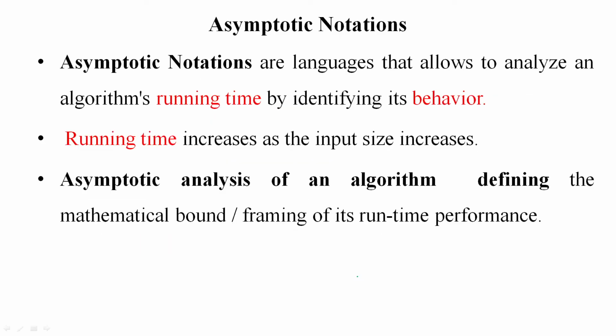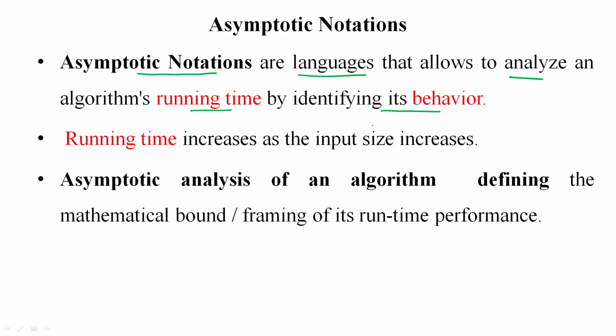Now we have so many asymptotic notations to measure the performance of an algorithm. Notations are symbols, which are like a language, used to analyze an algorithm's running time by identifying the algorithm's behavior.